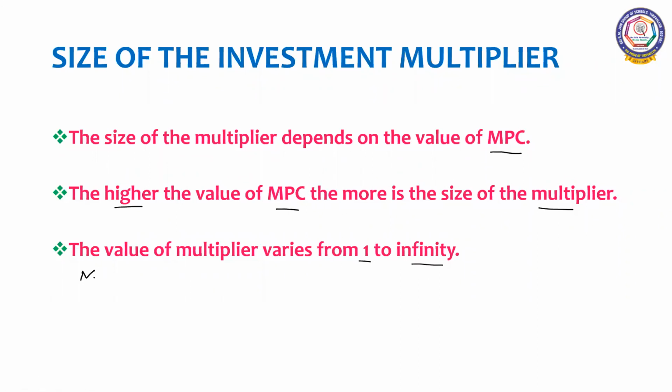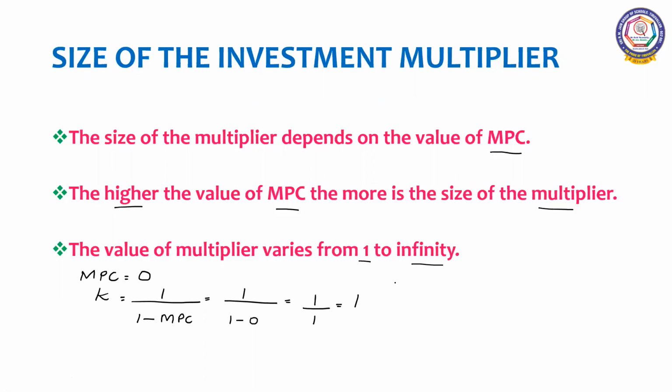When MPC is 0, multiplier is 1 divided by 1 minus MPC, that is equal to 1 by 1 minus 0. 1 divided by 1 minus 0 is 1. So 1 by 1 is equal to 1. When MPC is 0, the value of multiplier is 1.